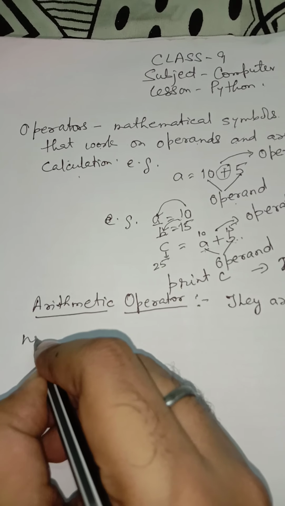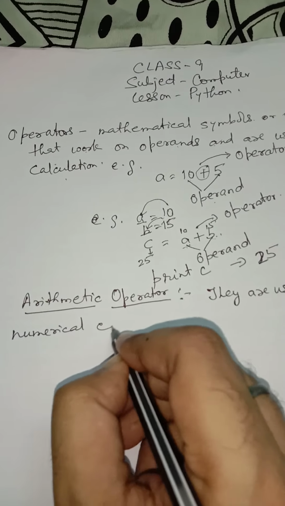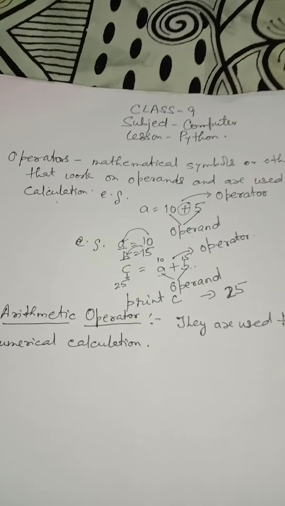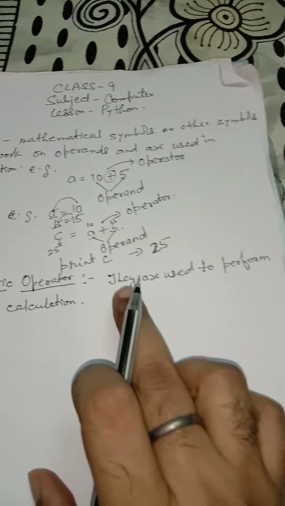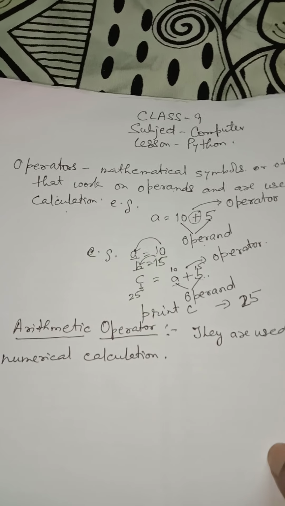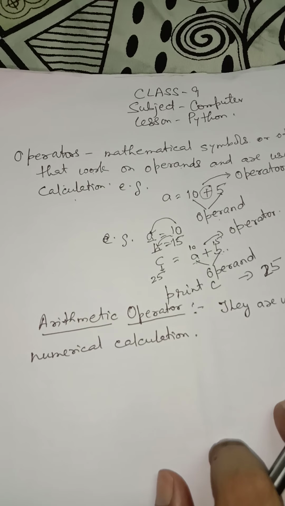The arithmetic operators are the symbols used to perform numerical calculations. We have 5 different arithmetic operators here.